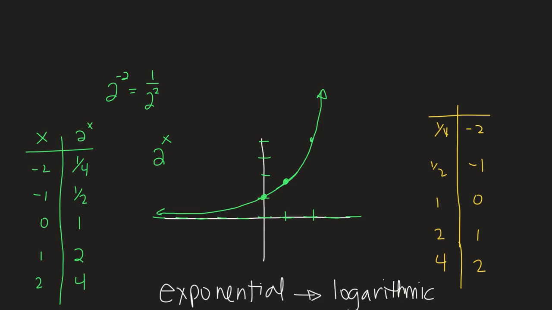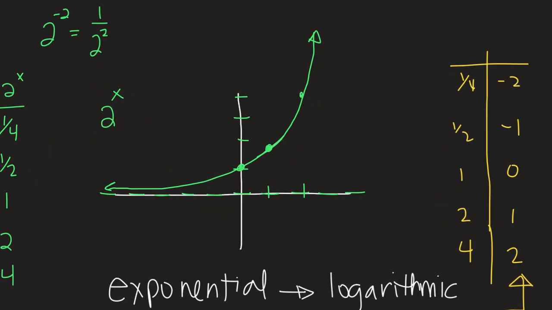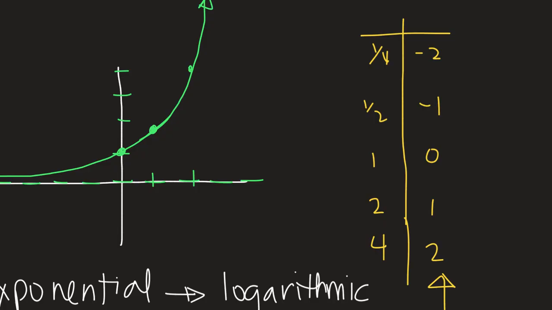We switch our x's and our y's, so the x's that were here are now your y values of your inverse. Okay, so this is 2 to the x, not 2 to the negative x, but the inverse of 2 to the x. So if we plot these, 1/4 negative 2, well that's right here, right? 1/2 negative 1. 1, 0 is right here, 2, 1 is here, 3, 4 is here, right?